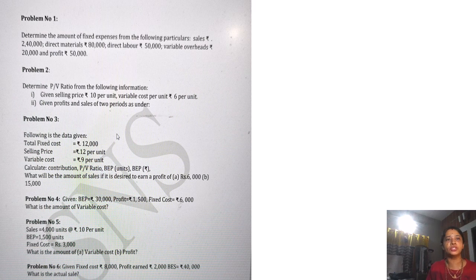Now there is a problem over here. Always when you're solving problems on marginal costing, first you check what all is given in the question, then check what is asked. So in the first question, you have to determine the amount of fixed expenses. So what should we find out? Fixed cost, question mark. What all they have given? They have given sales. How much is your sales? Sales is rupees 2,40,000.